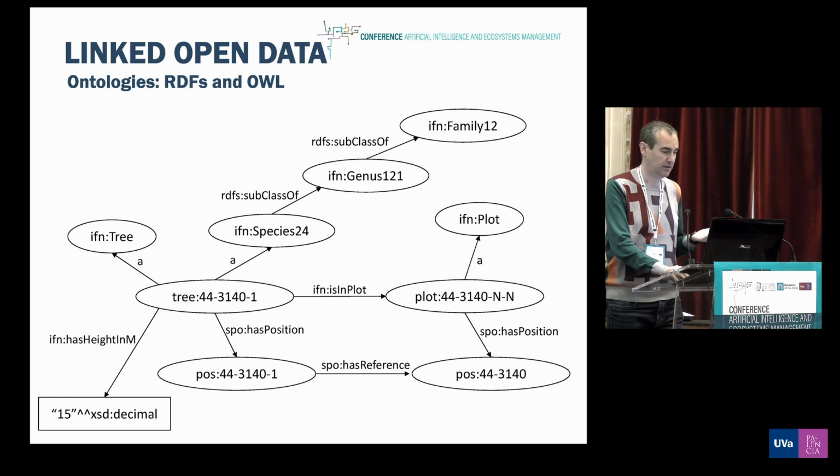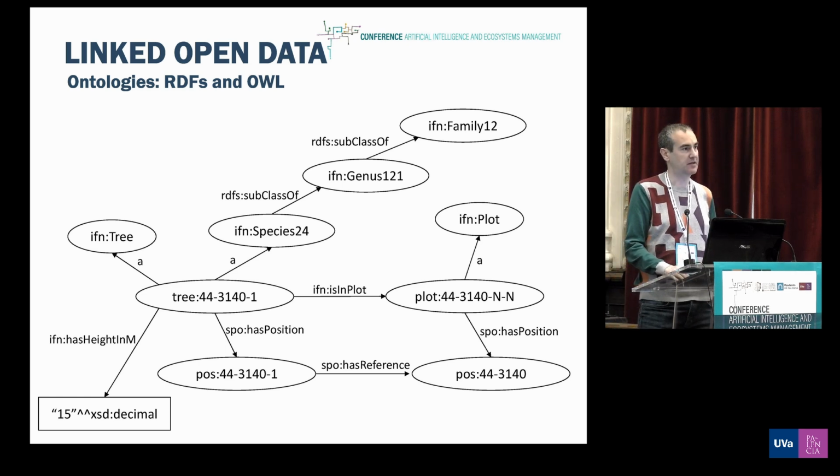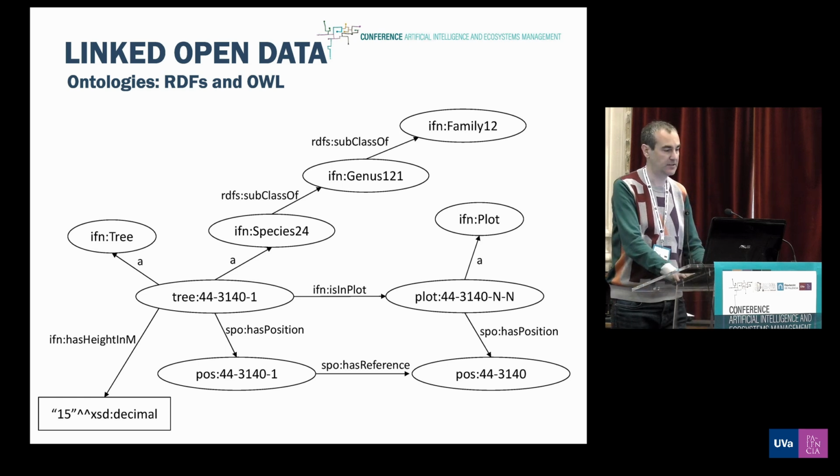In fact, because these languages are based on first-order logic, you can have inferences. If you have this data in a triple store with reasoning capabilities, and you ask for the types of this tree, it will not only give you that it's a tree and its species, but also the genus and the family. And how would you ask this?